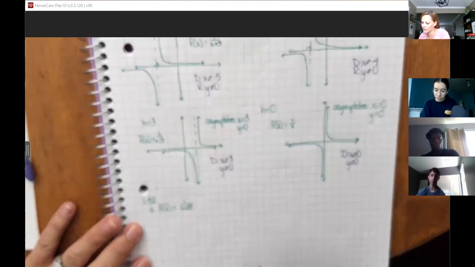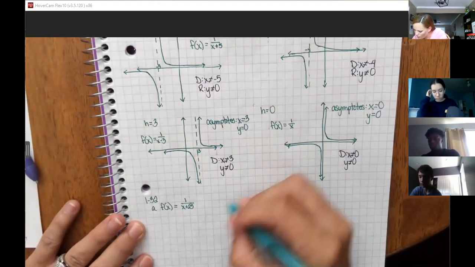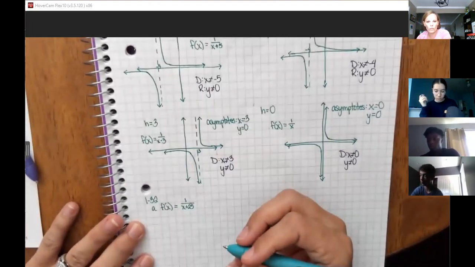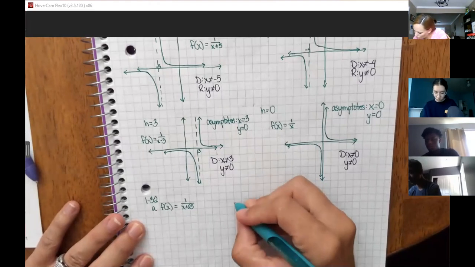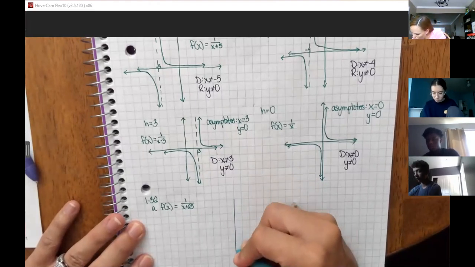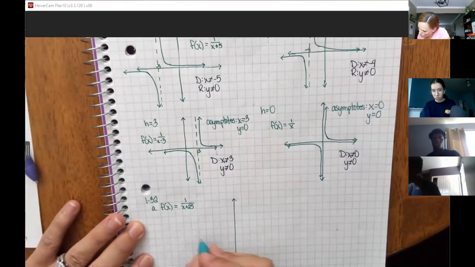Notice how I did these, and I should have labeled that as 3 there. Is that a plus 25 or minus 25? Plus. Oh, plus. That's a plus.